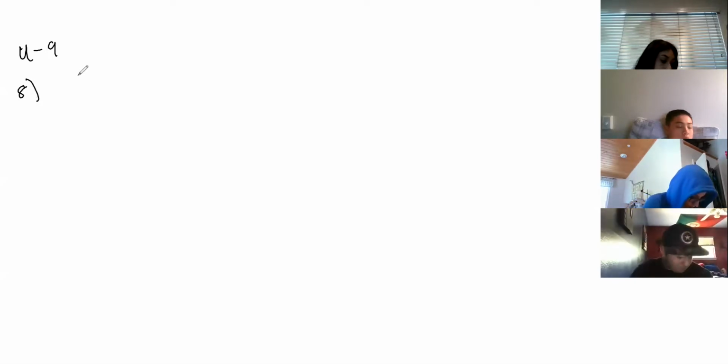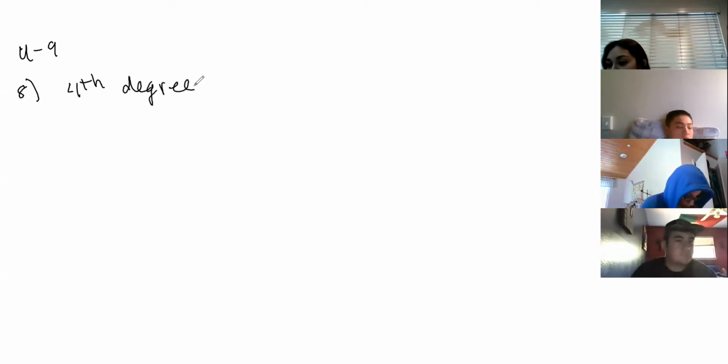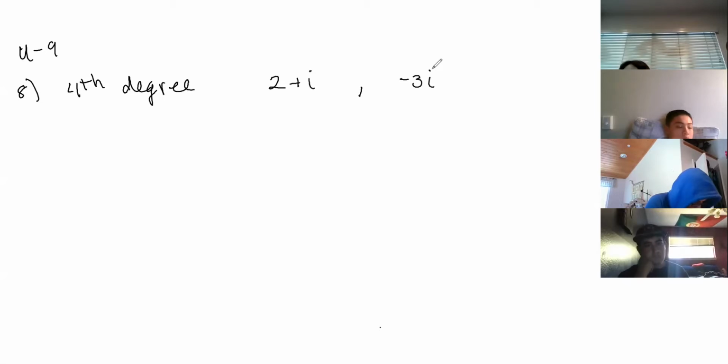It's similar to the last one: 4th degree, real coefficients, and zeros of 2 plus i and negative 3i. Since it didn't give me a y-intercept or a point, I don't have to worry about finding a. Questions so far?